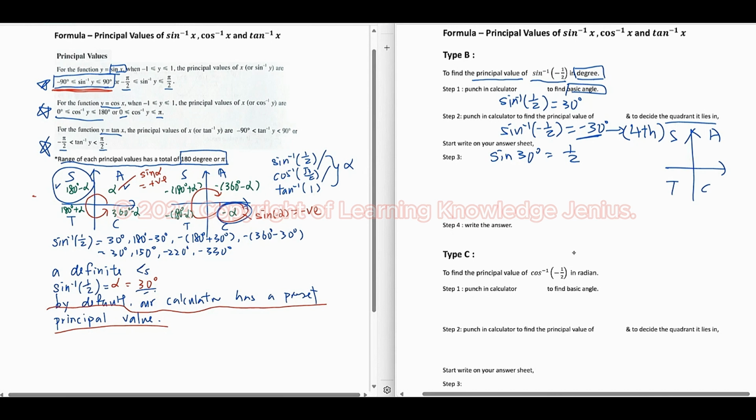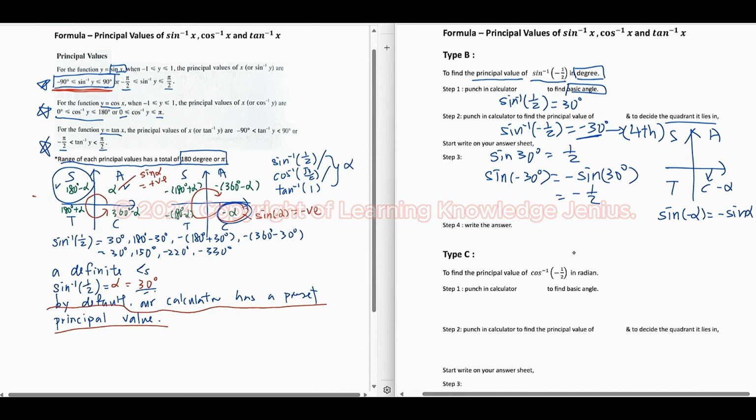Then you realize this is going this way, negative alpha. And you can conclude that in the fourth quadrant, the sign is negative. So that's why you end up with negative sine alpha, isn't it? So you manage to find out that this is equal to negative sine 30 degree. And so you will end up with negative half here.